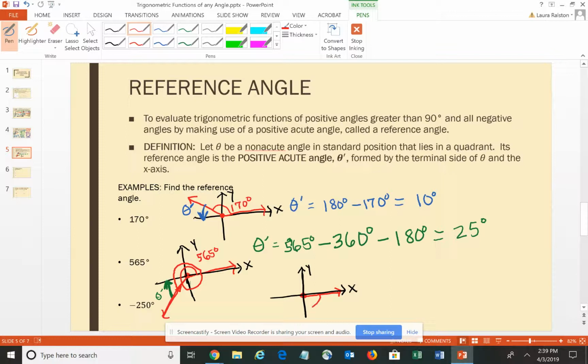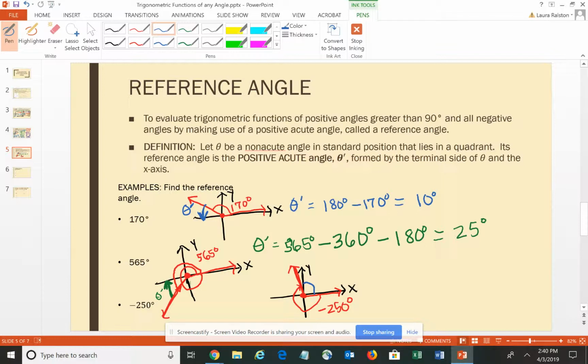So we go 90, 180. I'm not quite going to go all the way back up, straight up, because that would be 270, and I'm looking for negative 250 degrees. Now again, remember, I'm looking for a positive angle. So I want to think about what this angle would be had I rotated positively. I'd have gone 90 degrees and a little bit more.